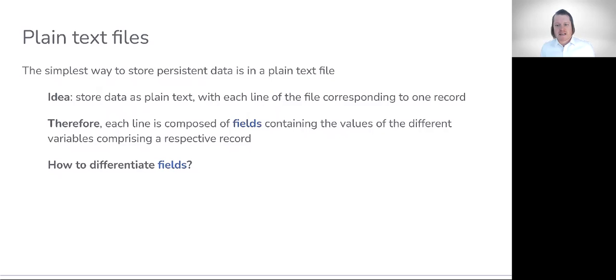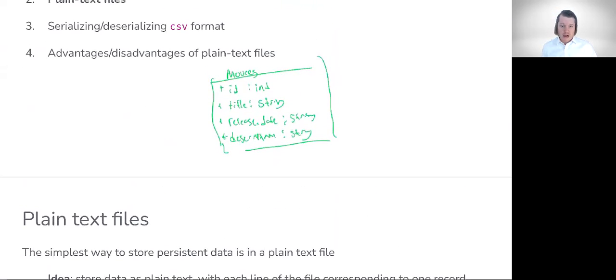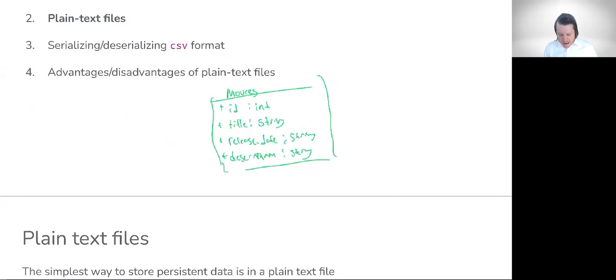Each movie would be written out to one line of the file, and our text file would have 5 lines, with each line corresponding to one movie record. Therefore, each line is going to be composed of different fields containing the values of the different variables comprising a respective record.